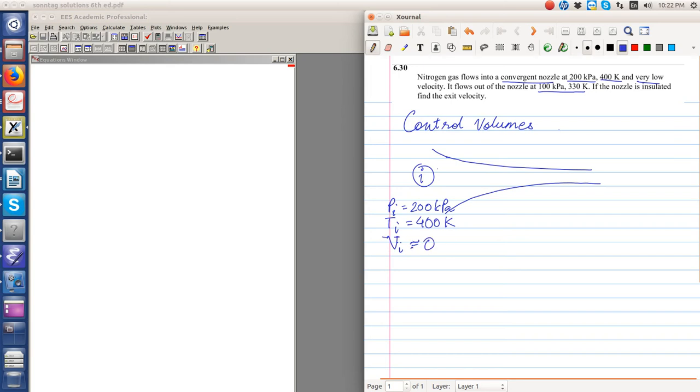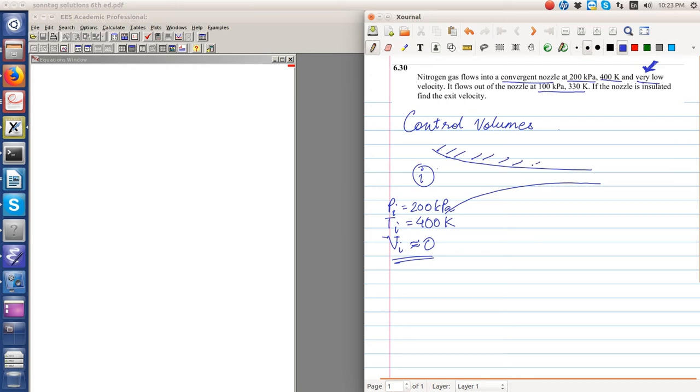It is not exactly 0, but we can neglect it because it is a very low velocity. The assumption here is that if the inlet velocity is low, its contribution towards the total enthalpy will be 0.